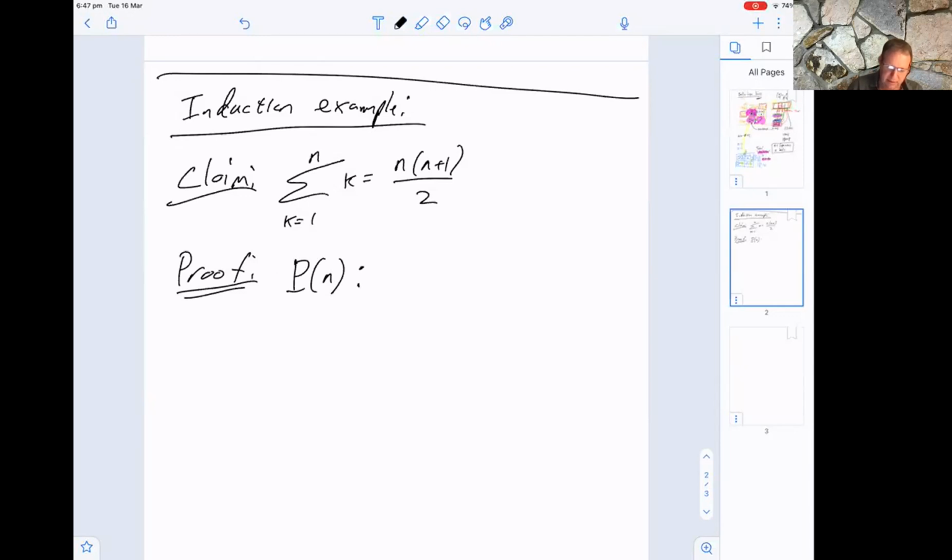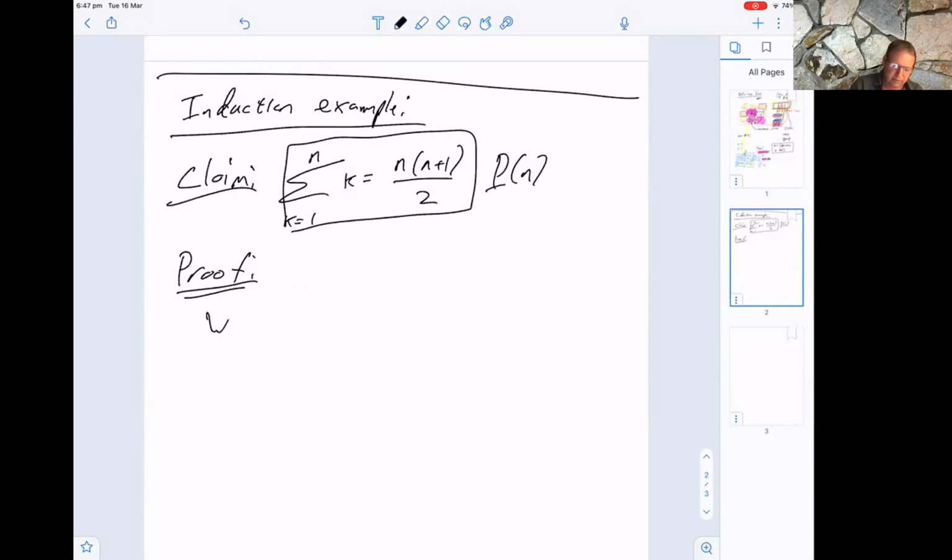All of this is P of n. So proof: we use induction. This is often how you say it.